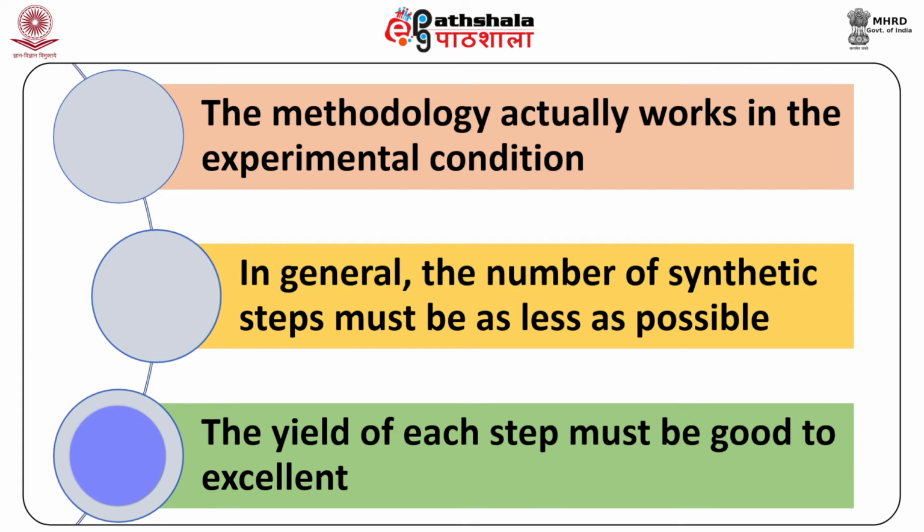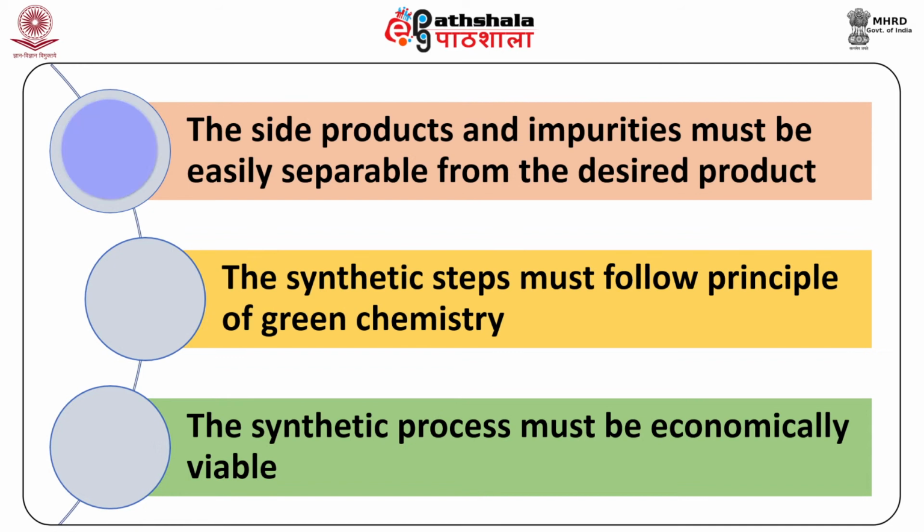The yield of each step must be good to excellent, because the more the number of steps, the lower the overall yield if the yield in every step is low. The side products and impurities must be easily separable from the desired product. The synthetic steps must follow the principles of green chemistry. The synthetic process must be economically viable.